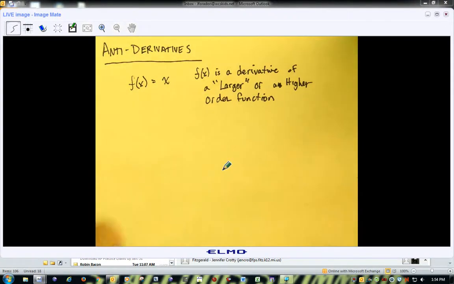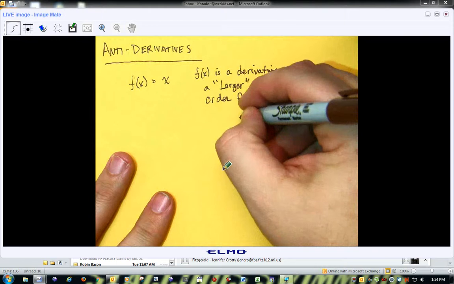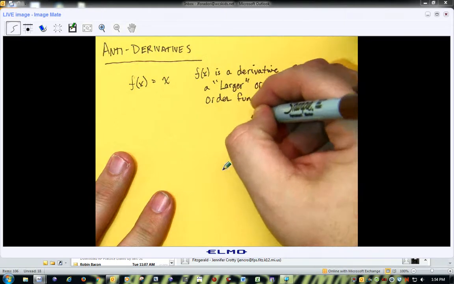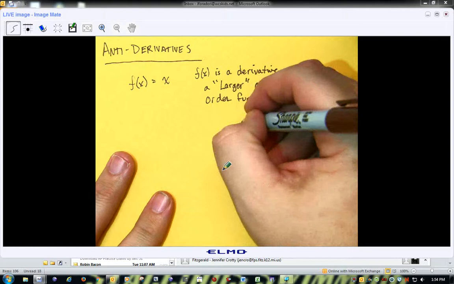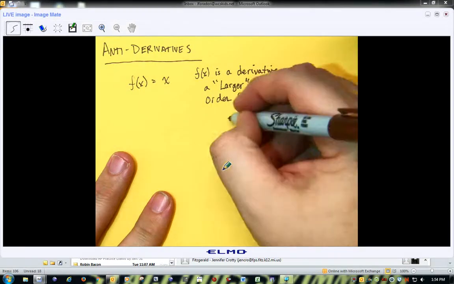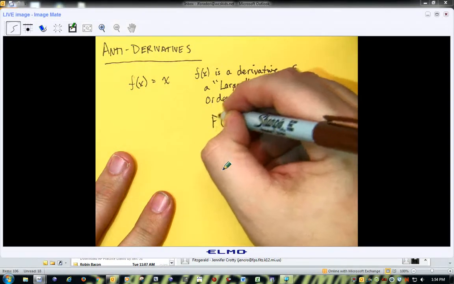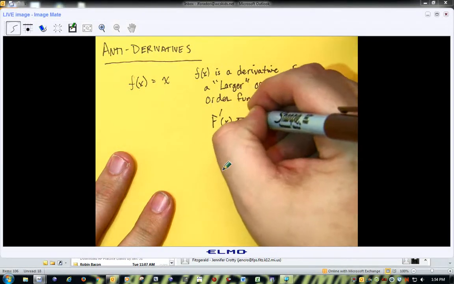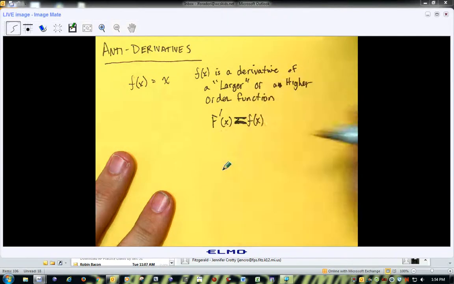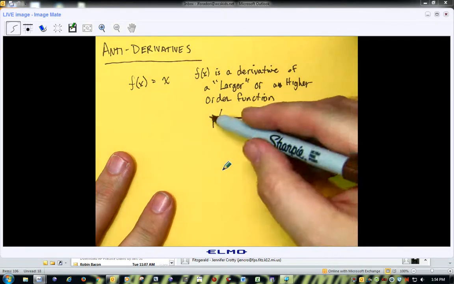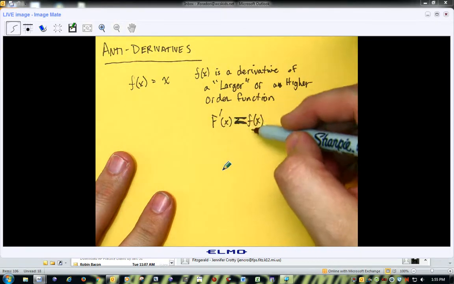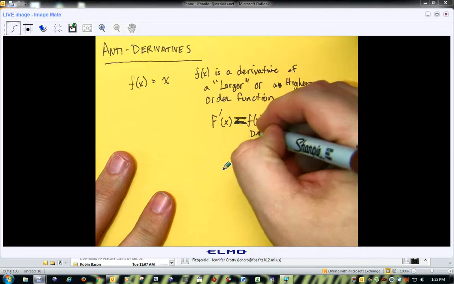Now, the weird notation for this is, since f of x is a derivative, it comes from a different function. And to make matters totally confusing, I'm going to make a capital F. And it's going to be F prime of x. Capital F prime of x is equal to my derivative. This is the derivative function.